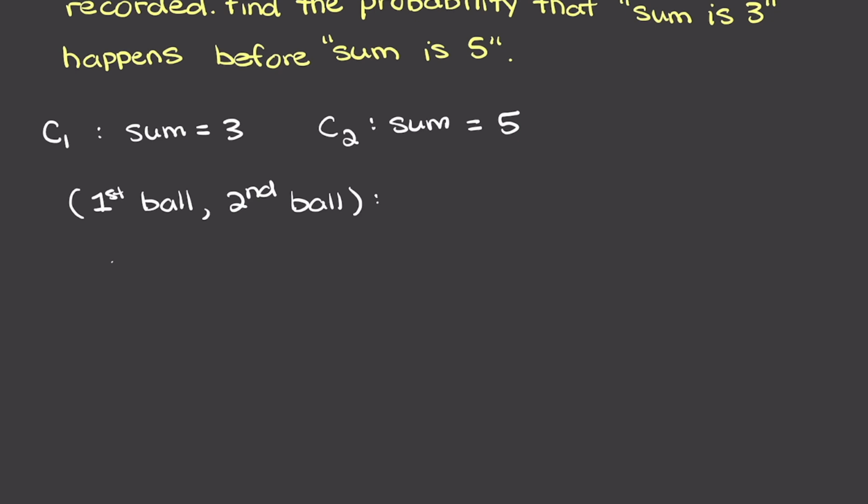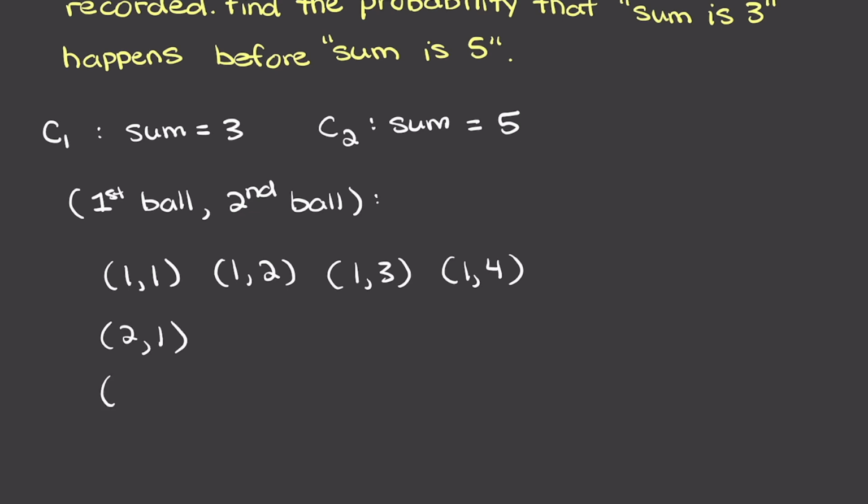Well, we have 1 and 1, 1 and 2, 1 and 3, 1 and 4. And then we have 2 and 1, 3 and 1, and 4 and 1. And then we can fill in the rest of this.